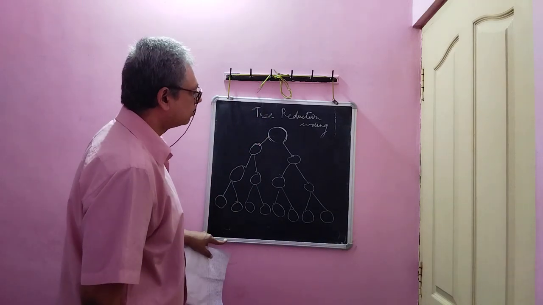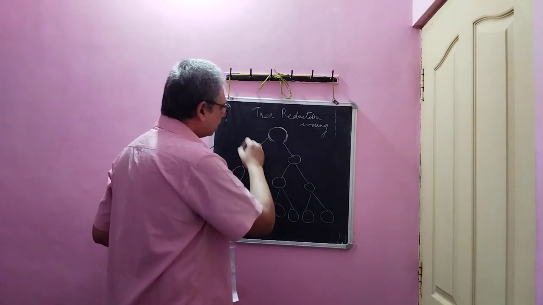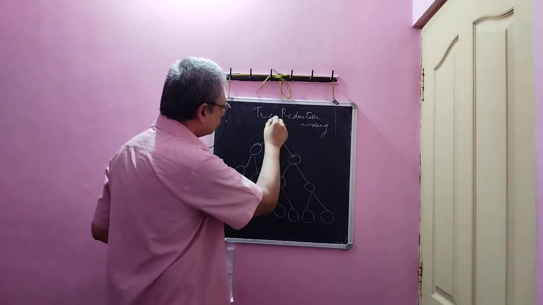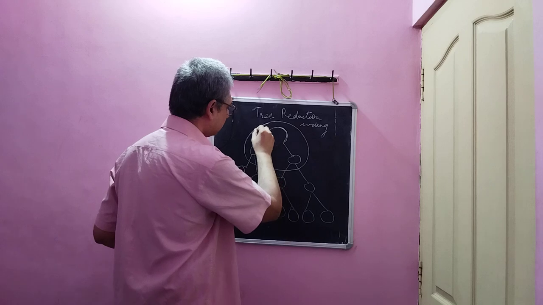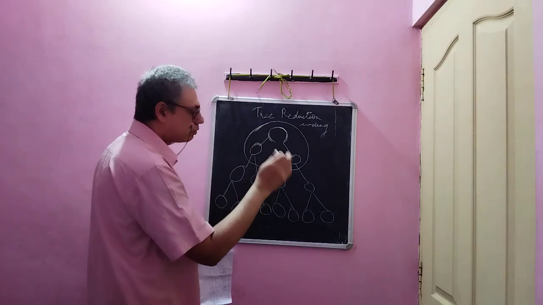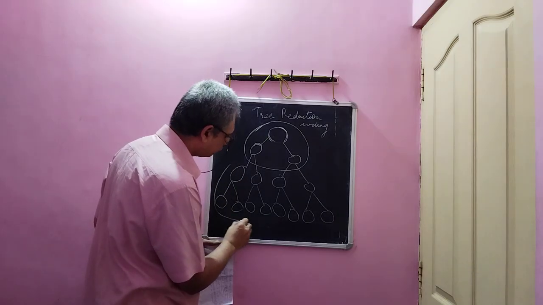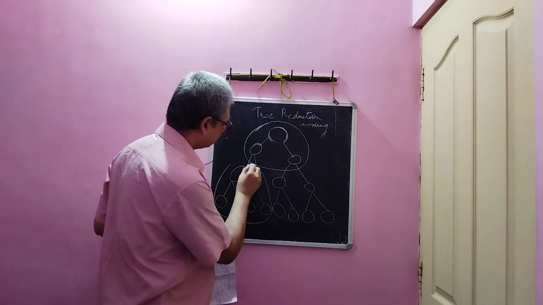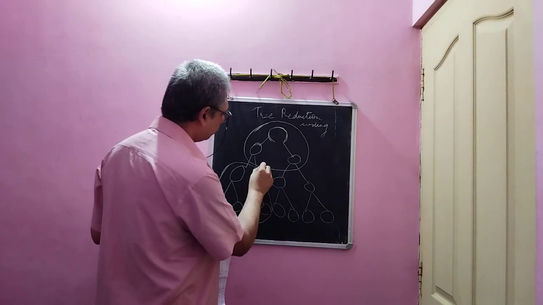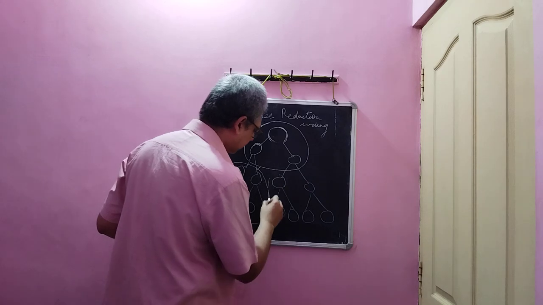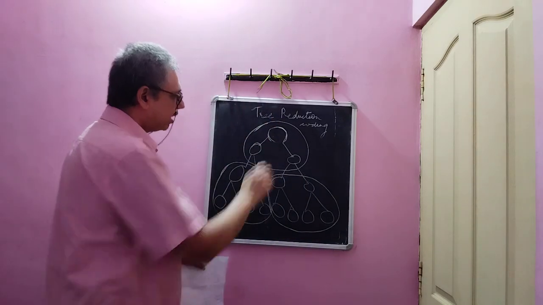Now what I shall do is encircle and enclose a tree of height 2 and make it into one node. Then since I would like to have a binary tree only, I shall enclose a forest of 2 subtrees of height 2, and I circle it and make it into one node. And then again 2 more here. So I have taken only height 4 here.